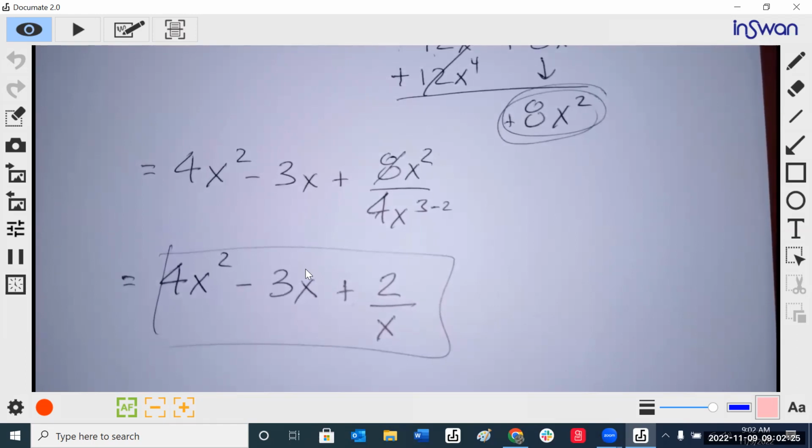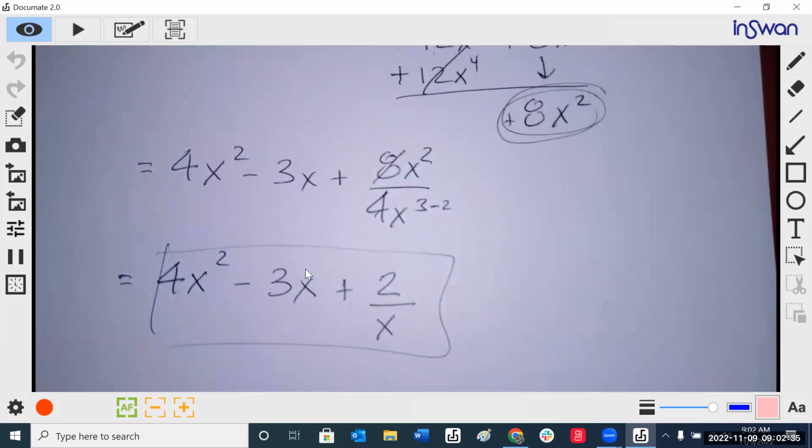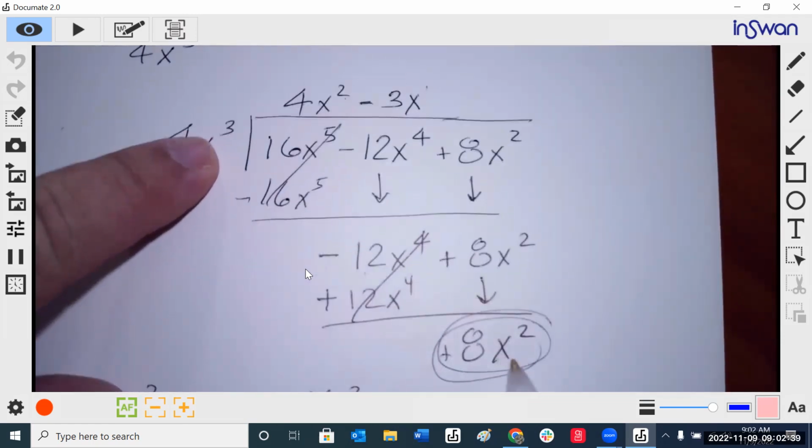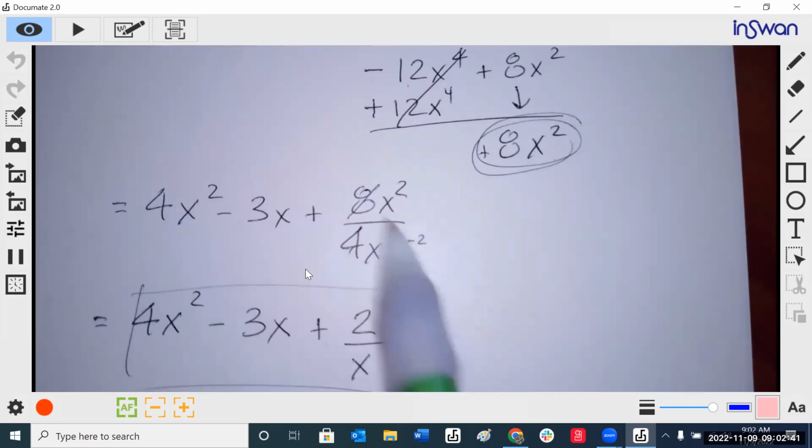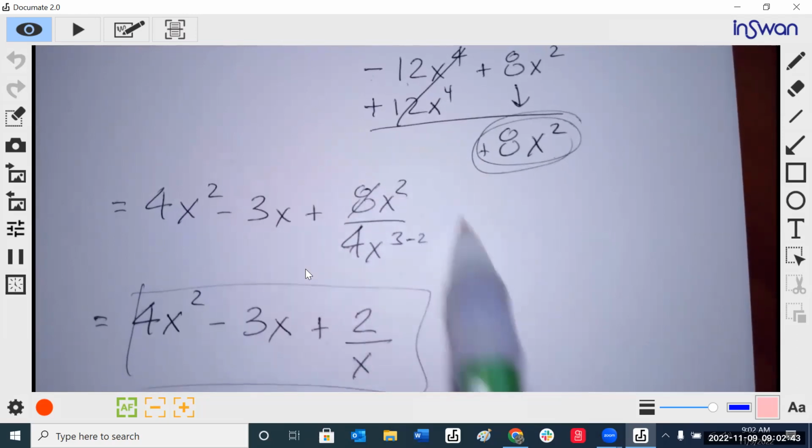So far, so good. So when you get to a point where the x's don't match anymore, write it as a fraction. And if you can simplify this, simplify it.